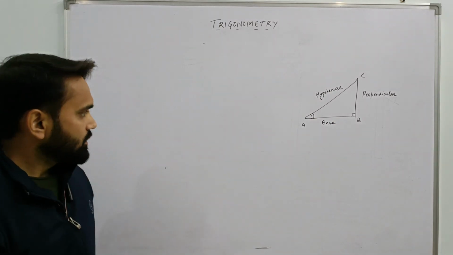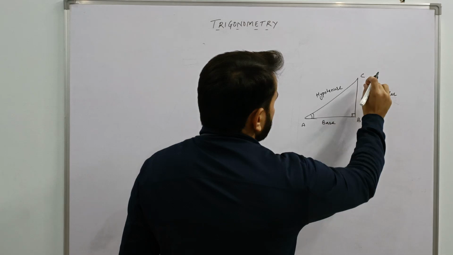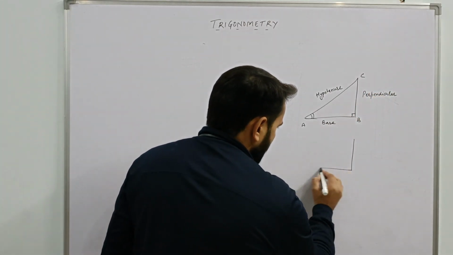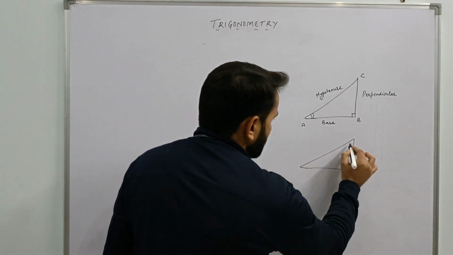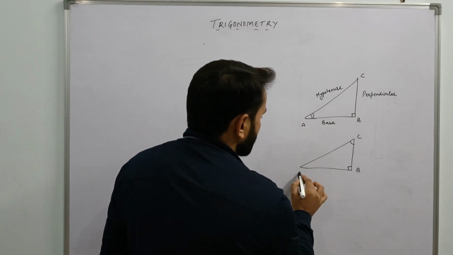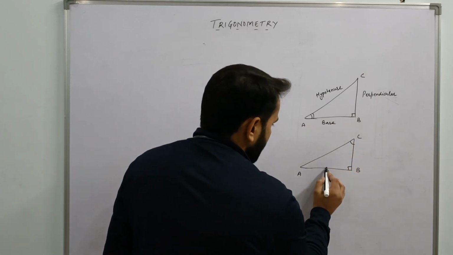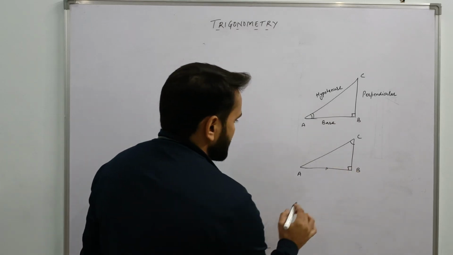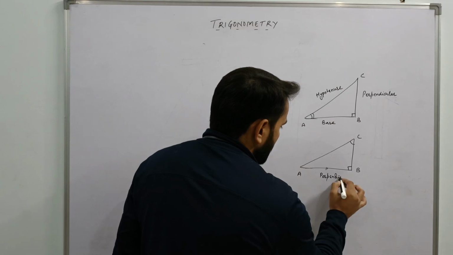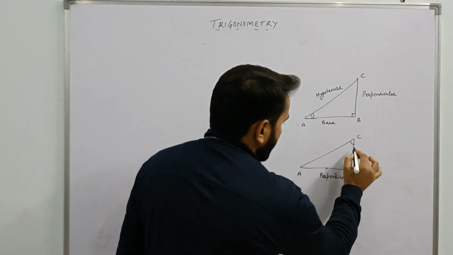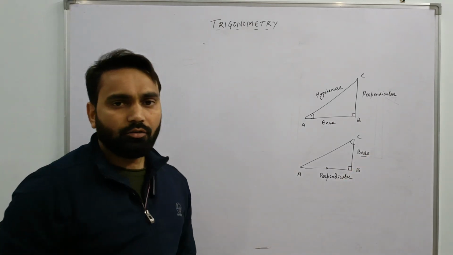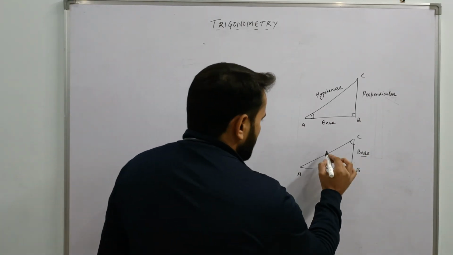Now mind it, if I change the angle, the perpendicular and base will also change. For example, if I take the acute angle, angle C, then with respect to angle C, the side opposite to C will be the perpendicular, and the adjacent side will be the base. And the hypotenuse is AC.